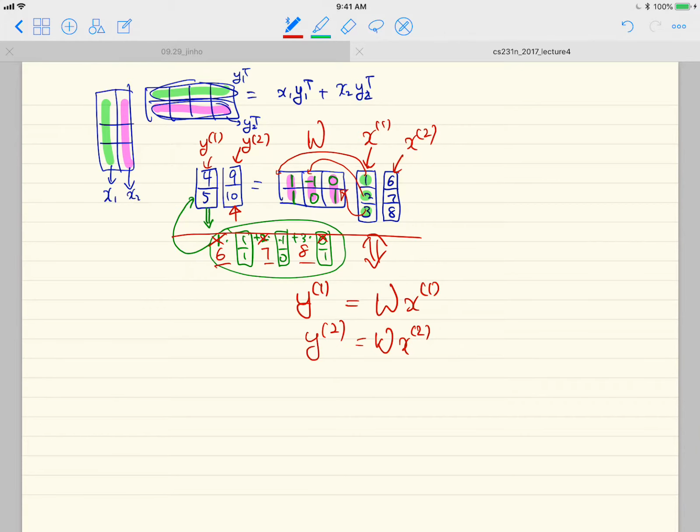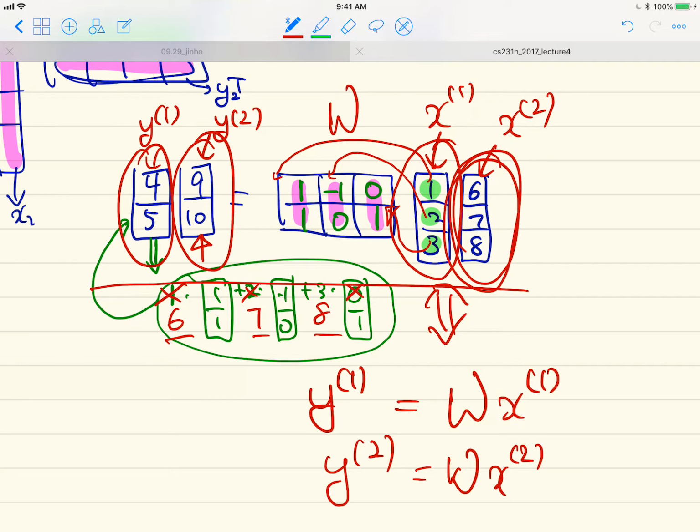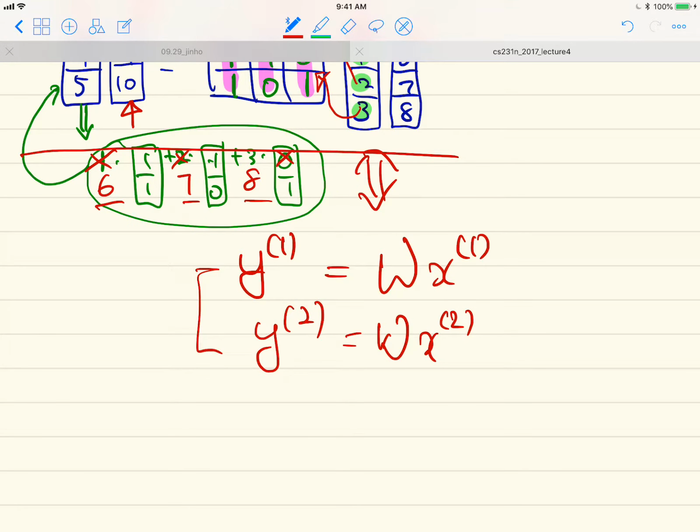This is just the same thing that I just explained, because using the same matrix W, using the first column, we form the first column, and using the second column, we form the second column. So they can be entirely separated from each other. Okay, so that way we can easily write them in this form, right?